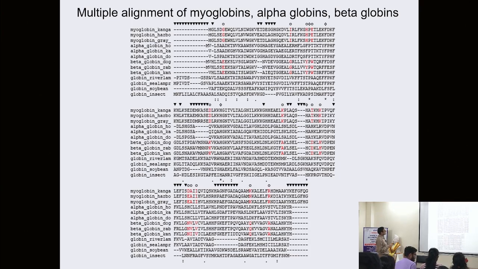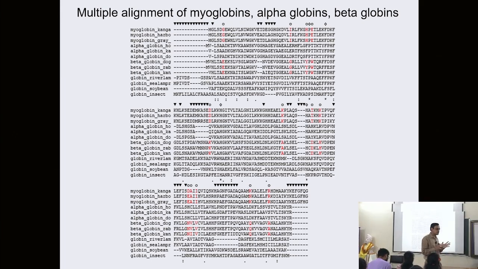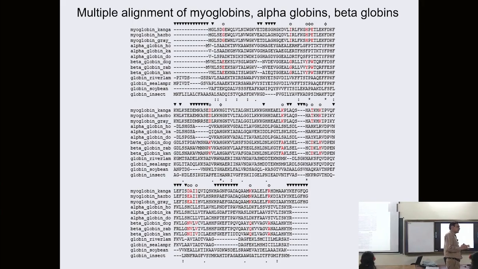So you can see gaps, there are terminal gaps, and there are many substitutions. But multiple alignment algorithms can capture some characteristics that can help in classifying different proteins.